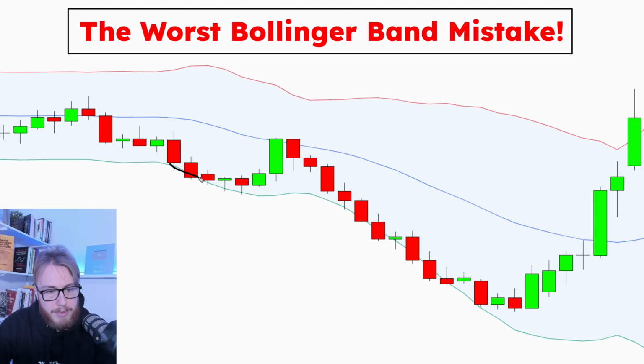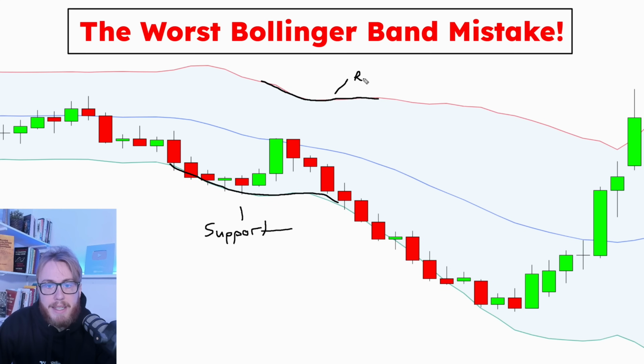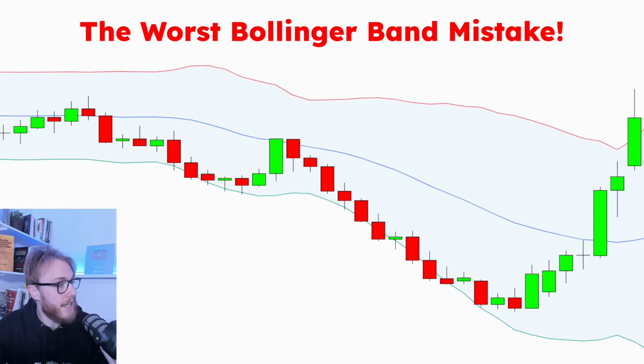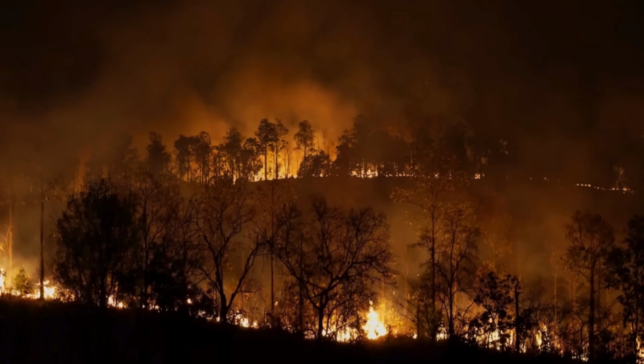For example, they might say that the lower Bollinger Band will be a support level, and therefore it's logical that the upper band will be a resistance, right? The reasoning goes like this: when the price hits the lower band, that's a buy signal, and when the price hits the upper band, that's a sell signal. But this right here is often a recipe for disaster.